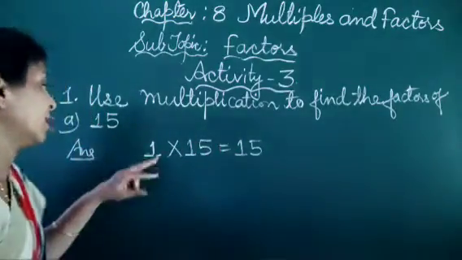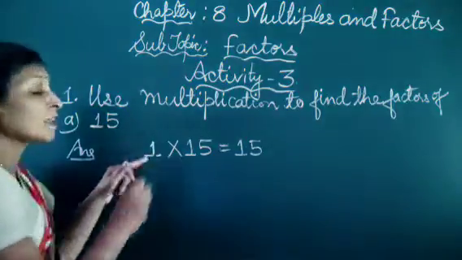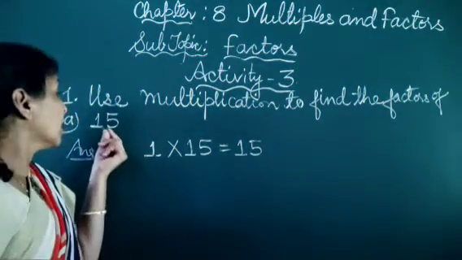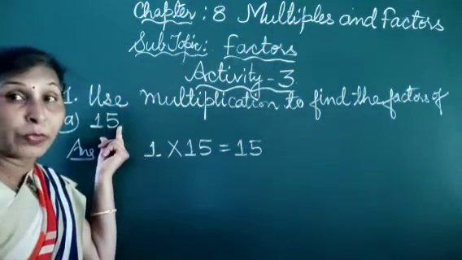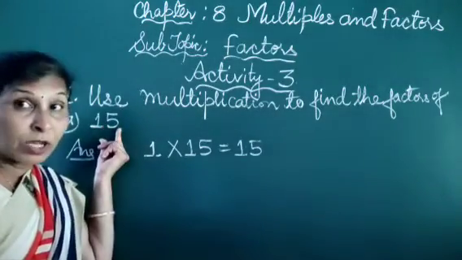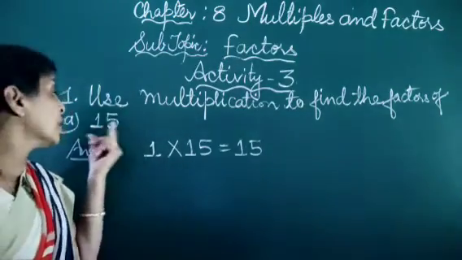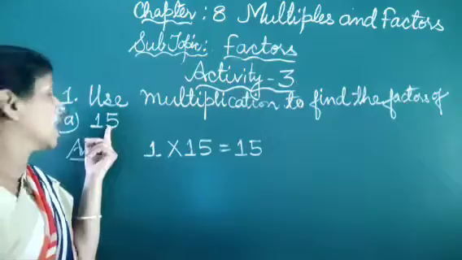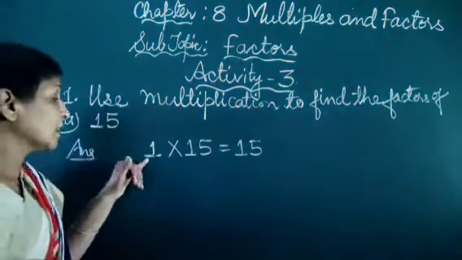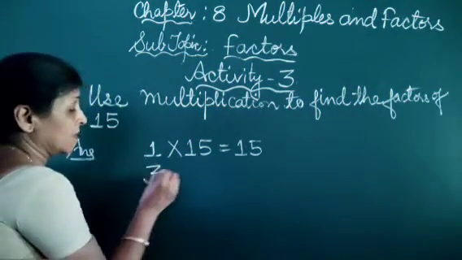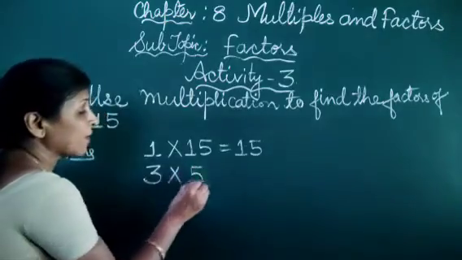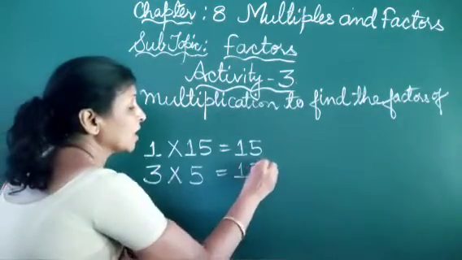every number. Now after 1 we see in the table of 2, 15 does not come, so 2 is not the factor of 15. Then we see the table of 3, yes, 3 multiplied by 5, then 15 comes.